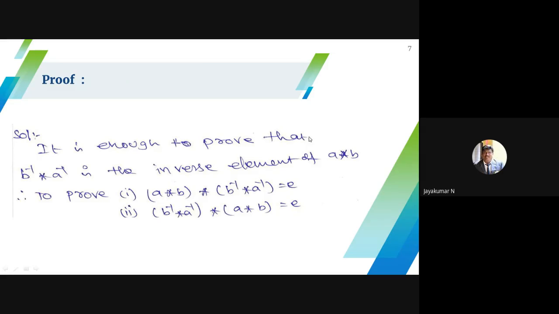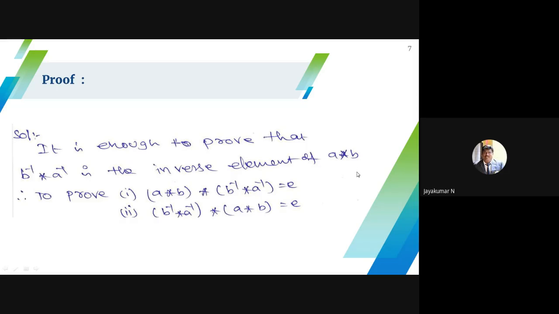It is enough to prove that (a star b) whole inverse equals b inverse star a inverse. That means b inverse star a inverse is the inverse element of a star b. The inverse element of a star b is denoted by (a star b) whole inverse.